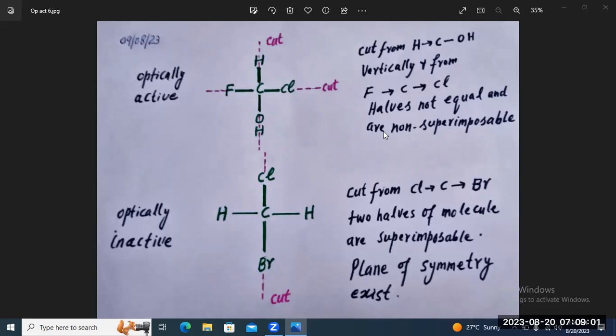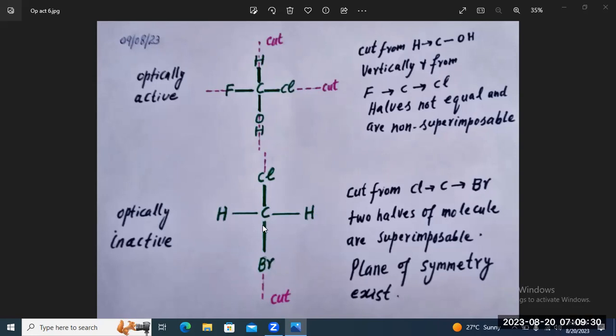They would be non-superimposable to each other. So the molecule is having chiral carbon and the molecule as a whole is optically active. Come here, see this molecule having two hydrogens, so having one plane of symmetry as explained earlier.